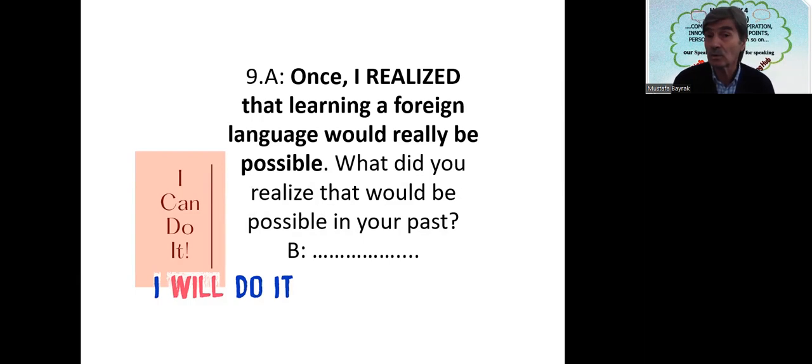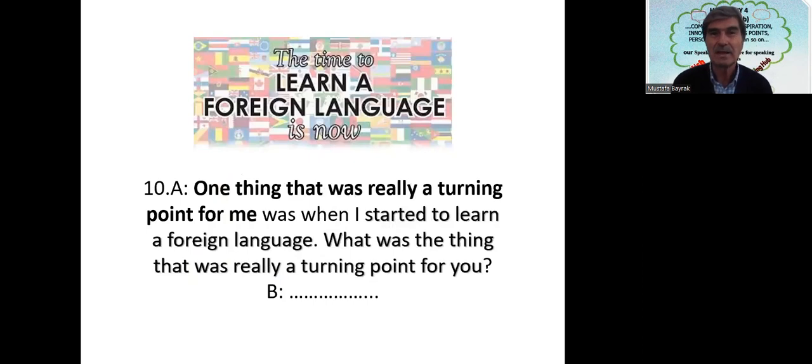It was so difficult, but a moment came and I felt that I could do it. From that moment on, I started riding bicycles easily and harmoniously in a balance. The time to learn a foreign language is now.